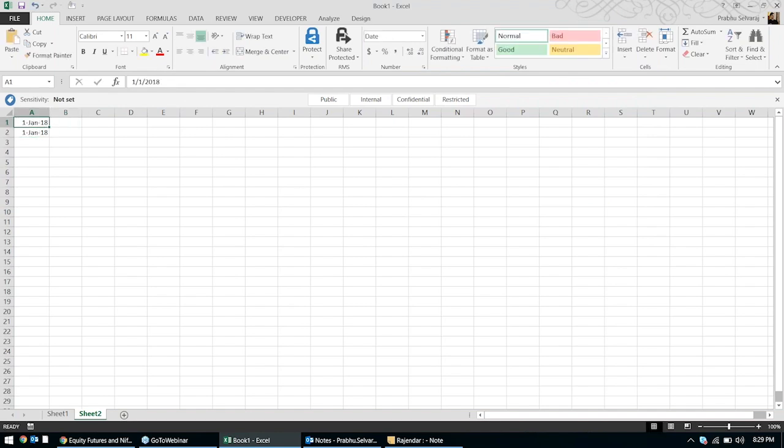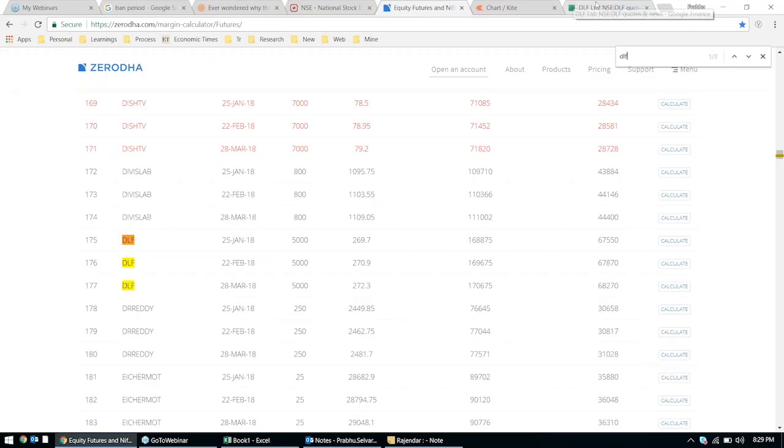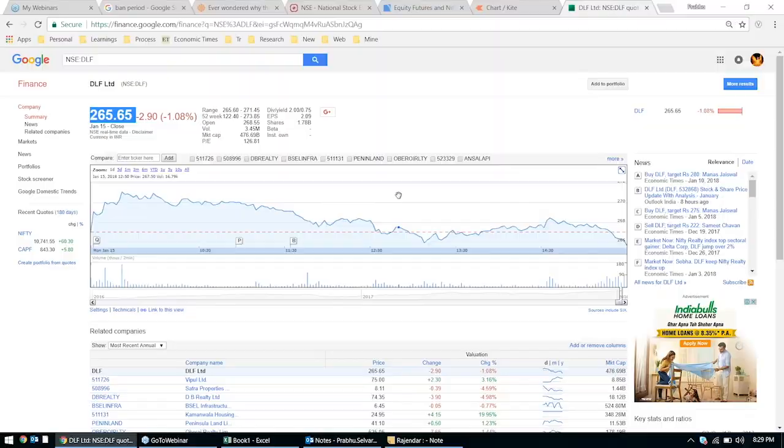Now the stock we are looking at is DLF. Quantity, equity, DLF. Okay, now just watch it carefully. So lot size is 5,000, so we'll take 5,000 shares of this. Okay, and price is 265.